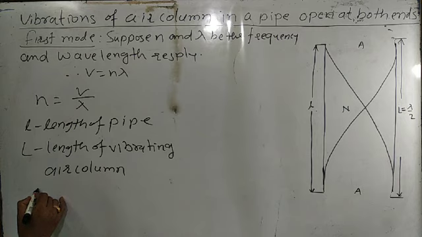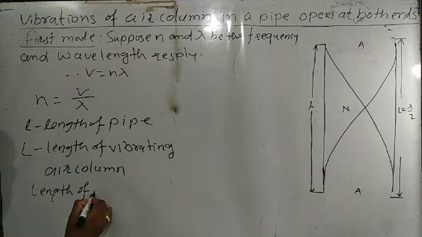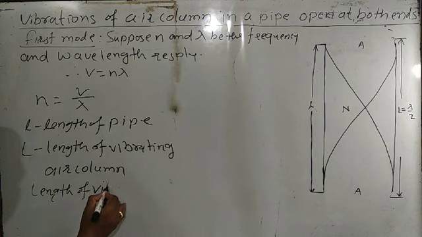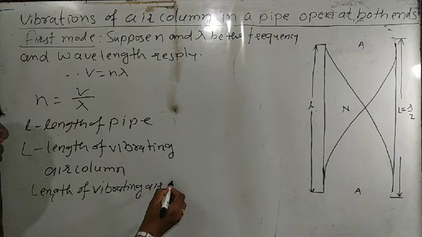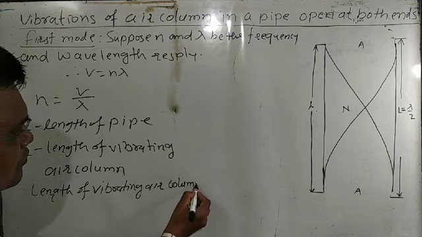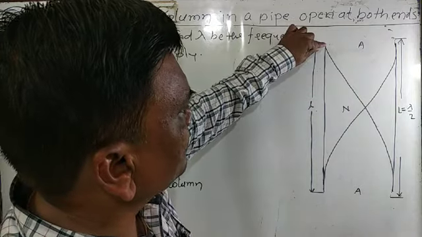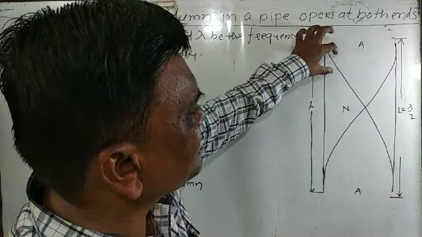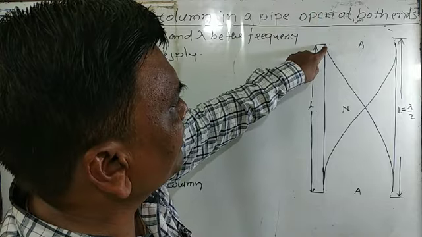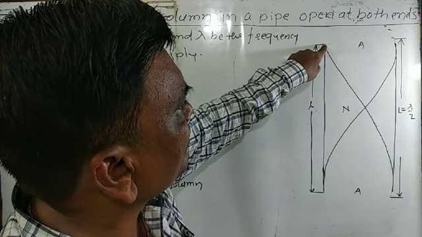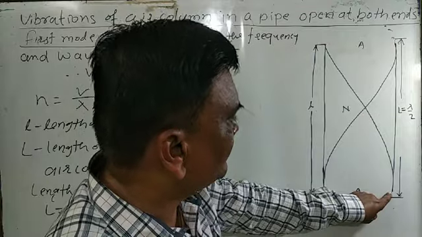Now the length of vibrating air column L equal to lambda by 2. Here we have considered the wave having frequency n and wavelength lambda, from this end to this end.